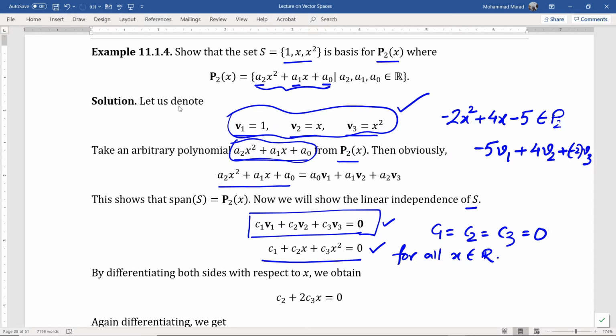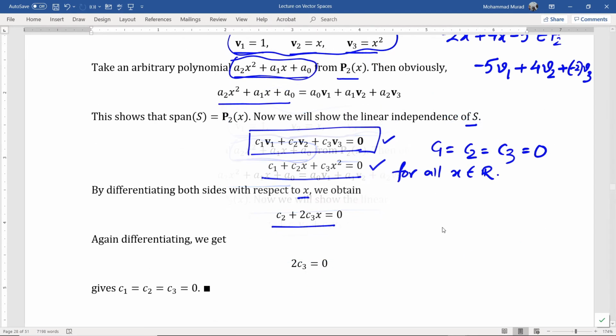So, by differentiating both sides with respect to x, we get c sub 2 plus 2 c sub 3 x equals 0. Again, differentiating, we get 2 c sub 3 equals 0. So this equation is also true for all values of x.